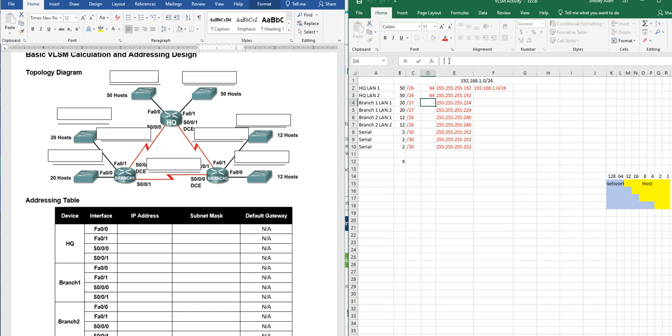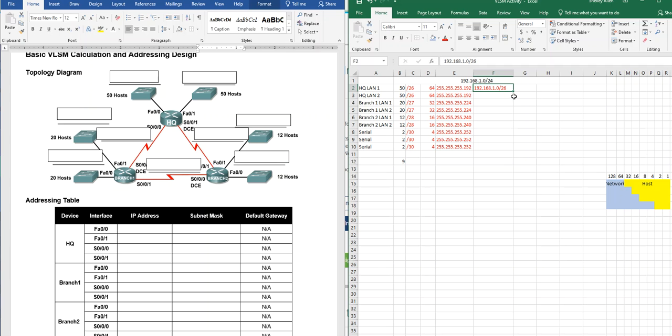We said that the /27 really accommodates for 32 hosts. This would accommodate for 16. And each of these are 4. So by doing that, then you can just use math to solve this equation, I guess if that's what you want to call it.